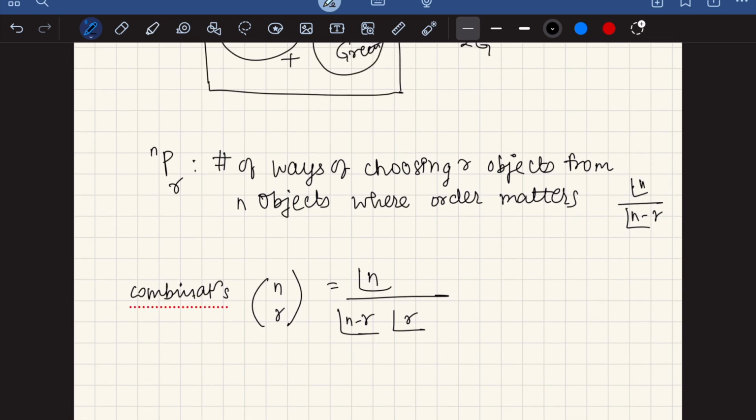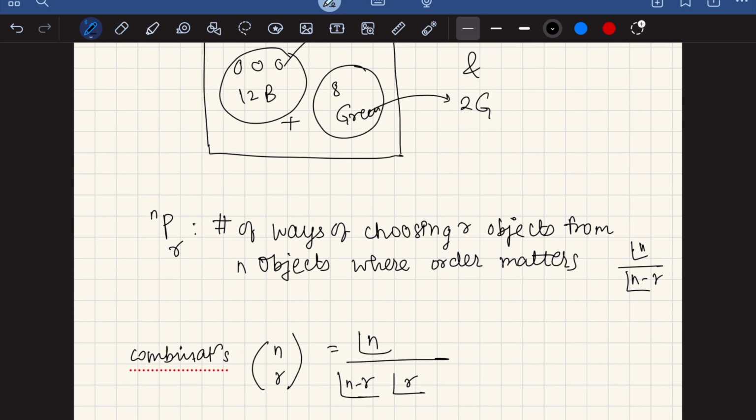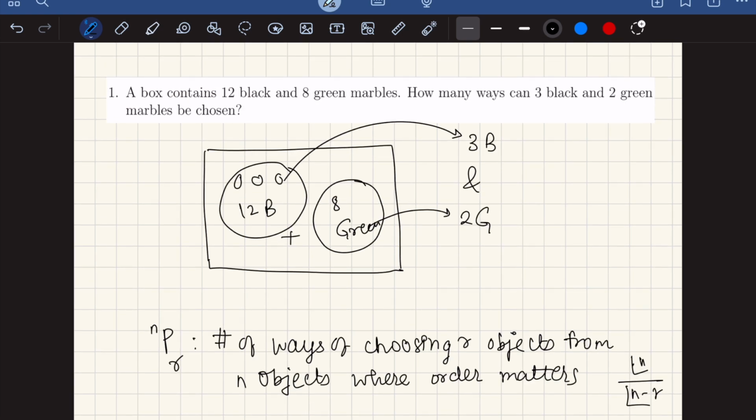So now what we are asking is, let's say you have a bag with 12 black balls and you have to choose 3 out of it. The 8 green balls are out of the question, because you can't choose a black ball from the set of green balls.